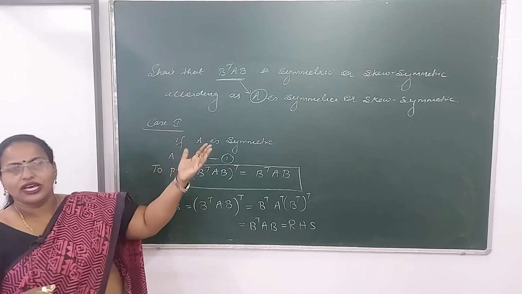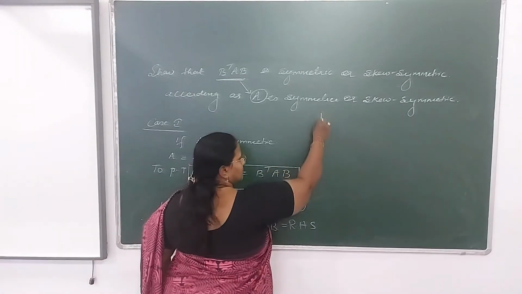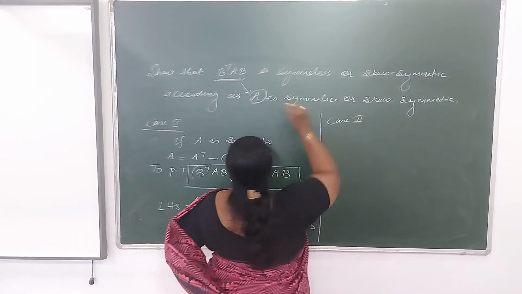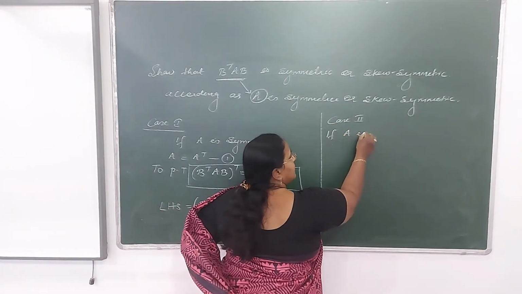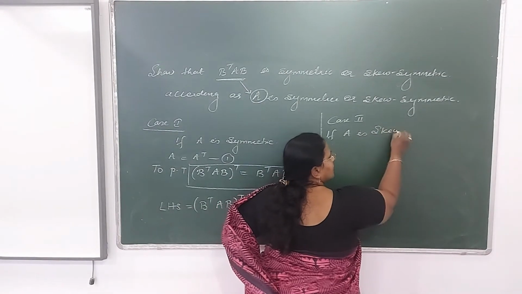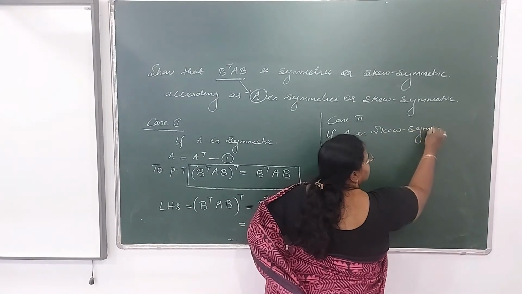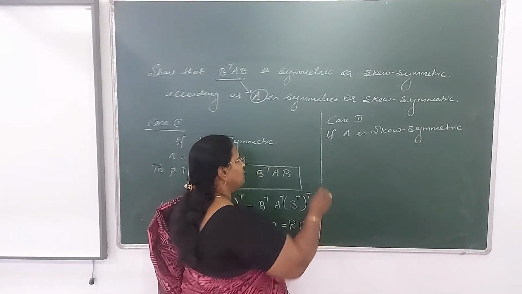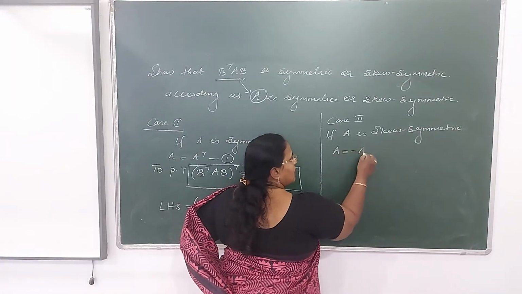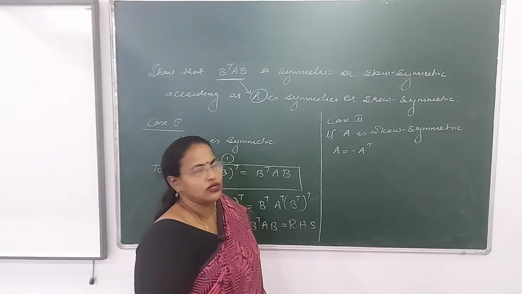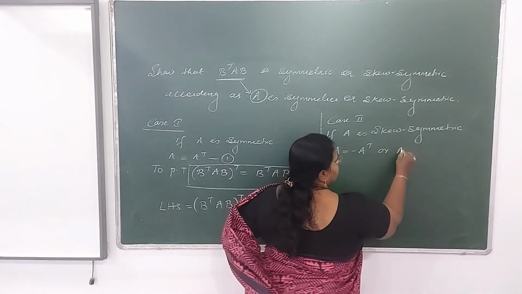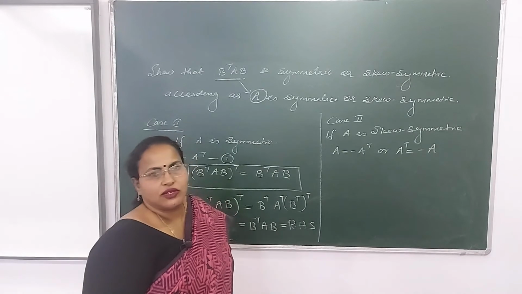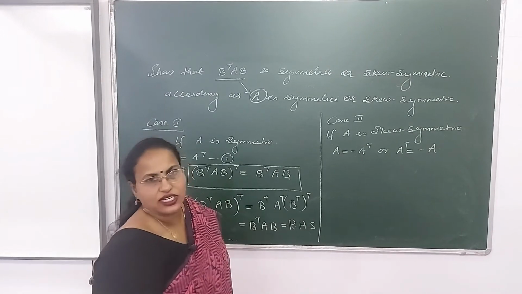We'll go for the next part. Case 2. So what is case 2? If A is skew symmetric, this means A will be equal to minus of A transpose, or you can write A transpose is equal to minus of A. Now you have to use this condition.